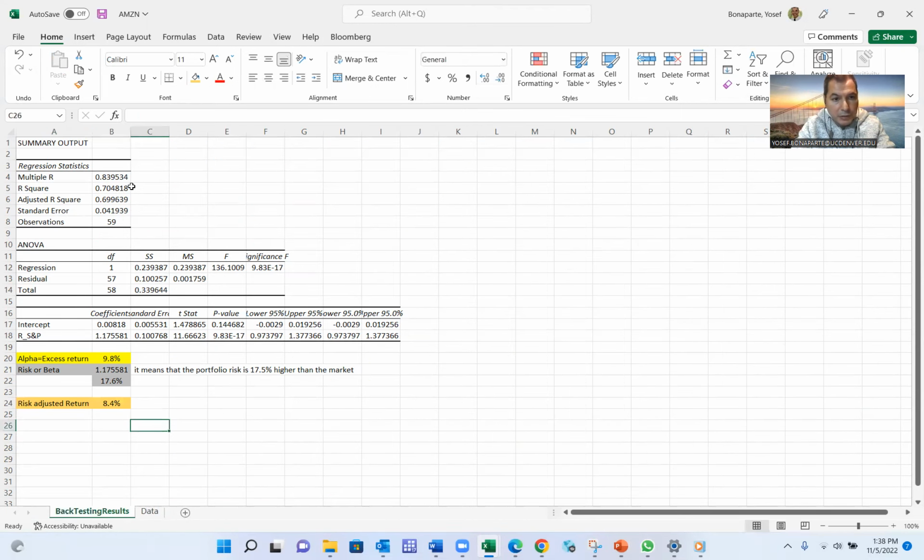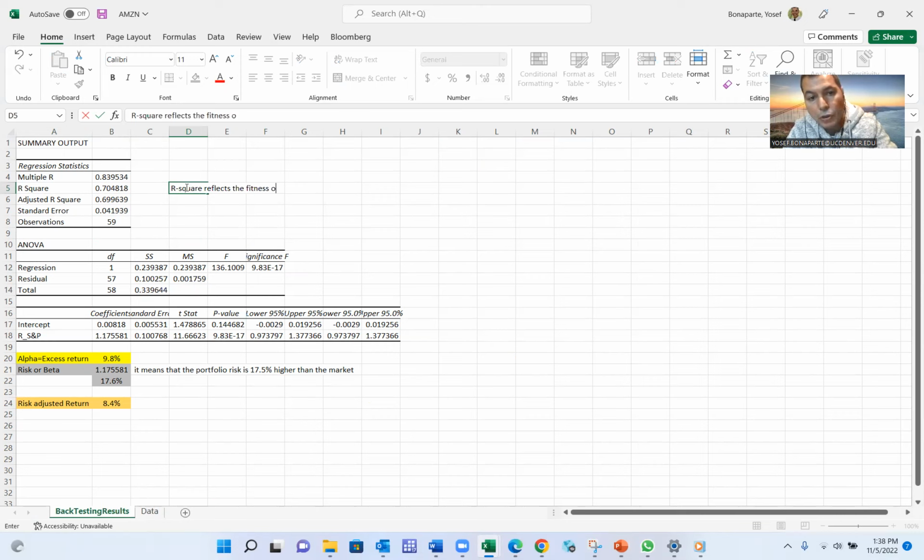I just want to finish with something here. The R squared reflects the fitness of the model.